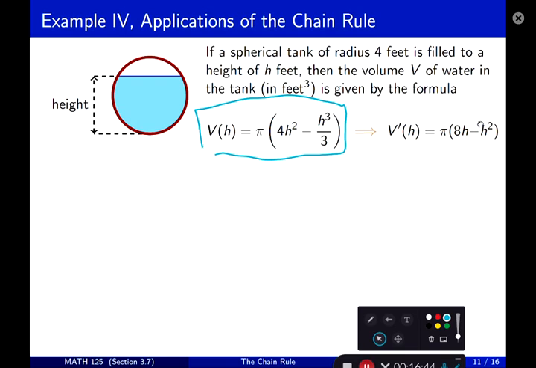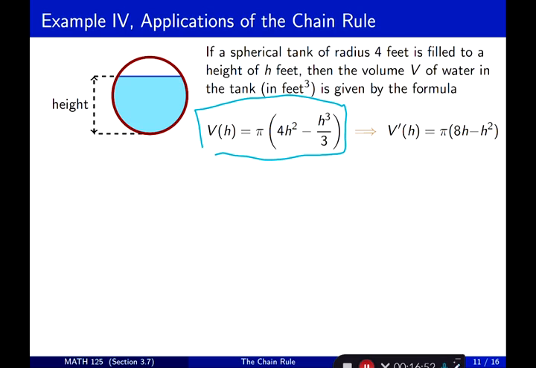Now let's say in the question that we just did on the previous page, we didn't have any formula that connected h to t. Let's say this time we have a formula.